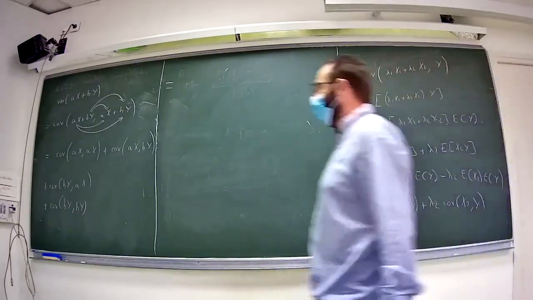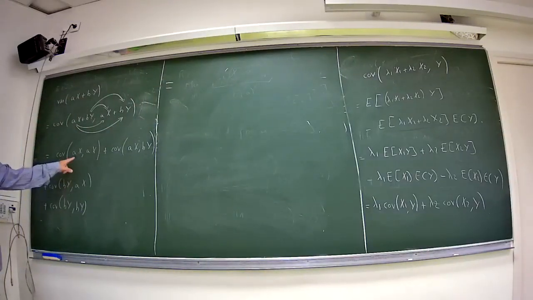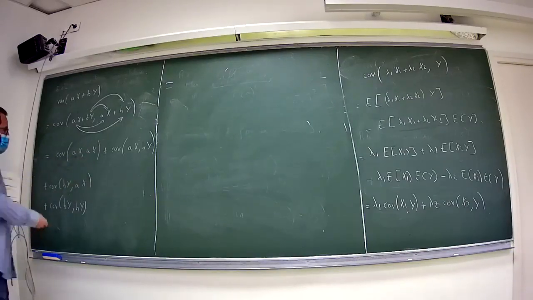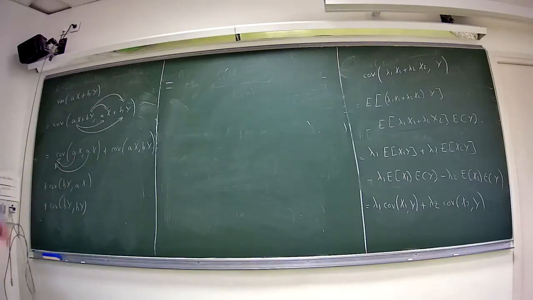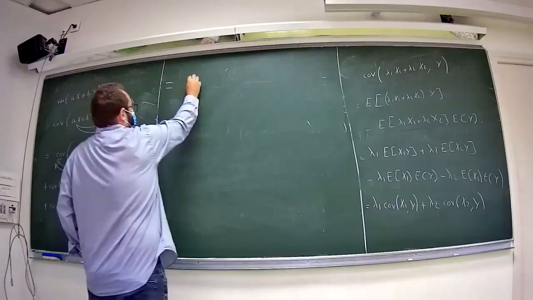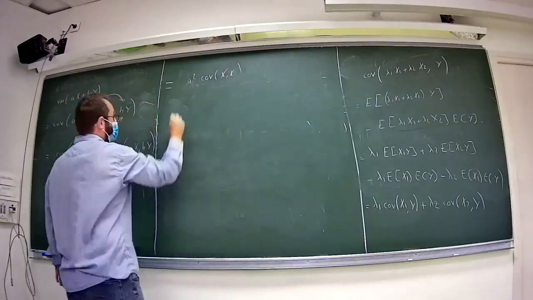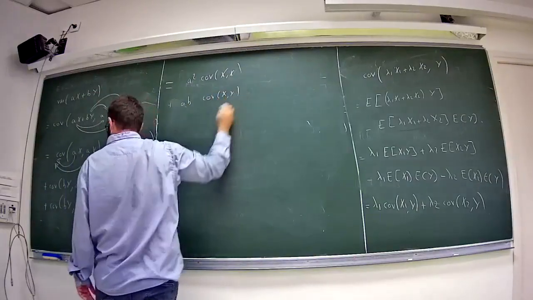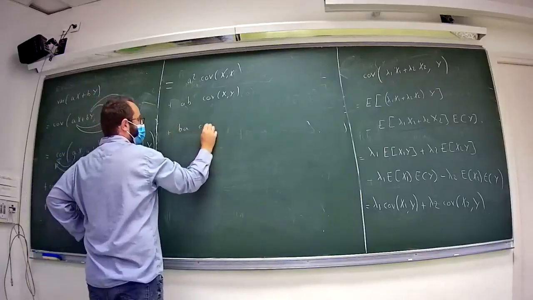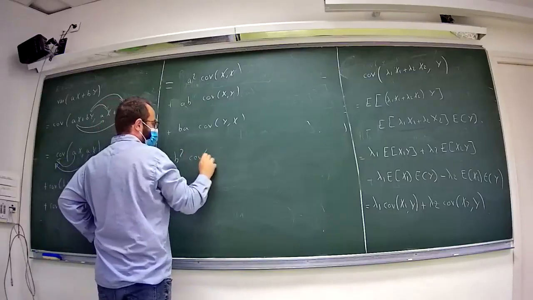Now, once again, I can use the linearity in each component to show that in the covariance of a times x, I can remove the a, because I am linear in each component. So I have a square covariance xx, plus ab covariance xy, plus ba covariance yx, plus b square covariance yy.